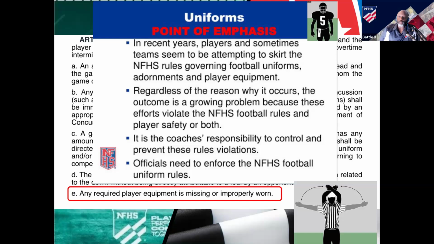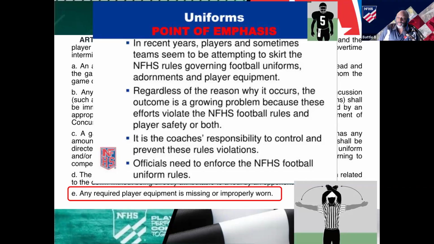All right. So in recent years, players and sometimes teams seem to be attempting to skirt the NFHS rules governing football uniforms, adornments, and player equipment. Regardless of the reason why it occurs, the outcome is a growing problem because these efforts violate the NFHS football rules and player safety. And we know this. We see it in high school, we see it in youth, and I got some videos to prove it.